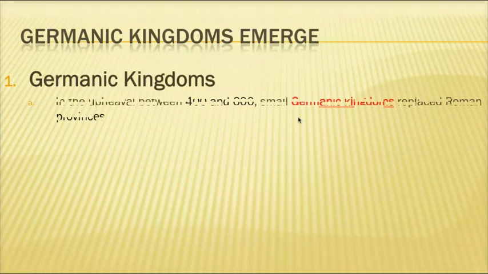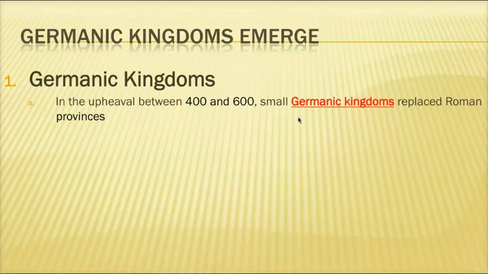So let's talk a little bit about these Germanic kingdoms. In the upheaval between 400 and 600, roughly from the fall of Rome to about 100 to 200 years beyond that, several small Germanic kingdoms replaced Roman provinces. Of course, none of these are going to be as strong as the Roman Empire, but several of them will stake their claim in some of the Roman lands.